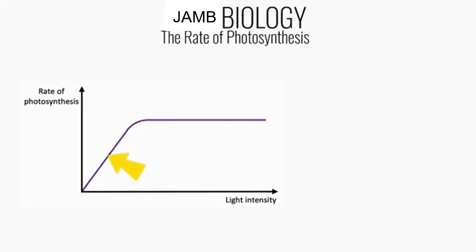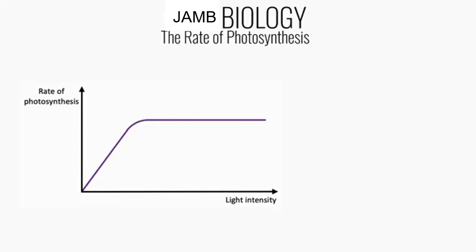And this continues until a certain point is reached where an increase in the light intensity does not affect the rate of photosynthesis again. So at this point, the limiting factors for photosynthesis will now be temperature and carbon dioxide.